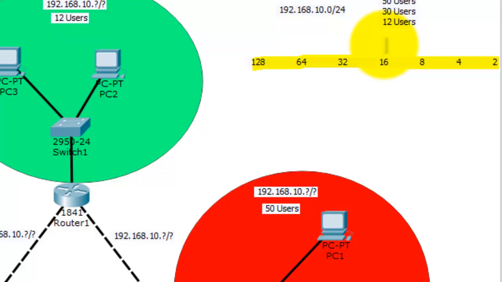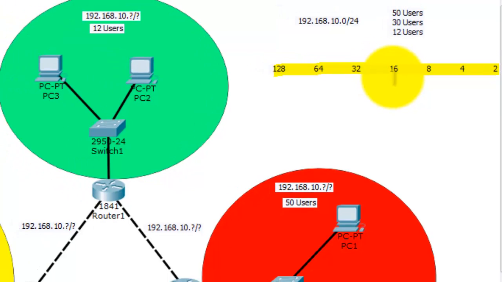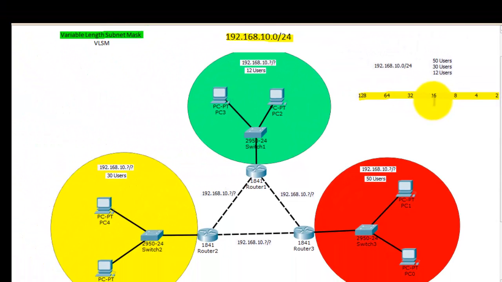Then our subnet mask would be 128 plus 64 plus 32 plus 16, which is 240. That would be the fixed length subnet mask. But today we're going to talk about variable length.